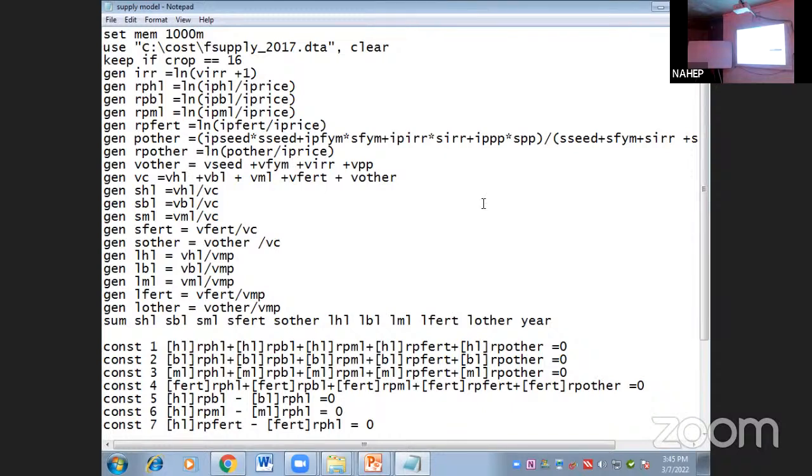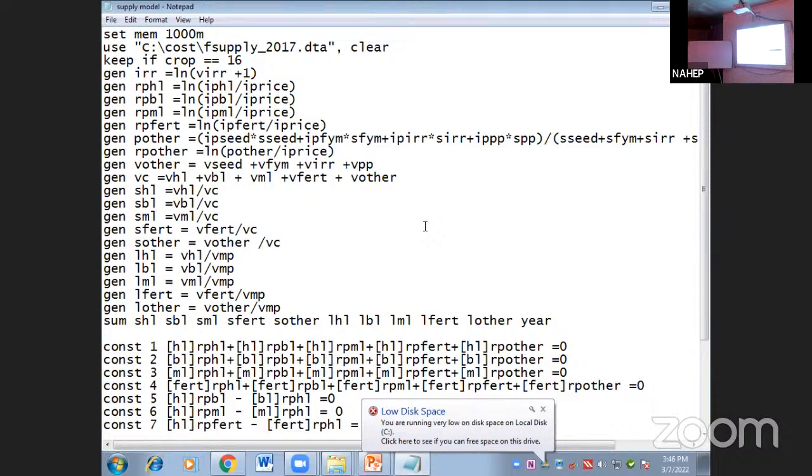Means here we get the data of inputs. Price multiplied by quantity, value of one input, value of second input, third input, and so on. You have the total cost. You divide first input by total cost, you get the shares.